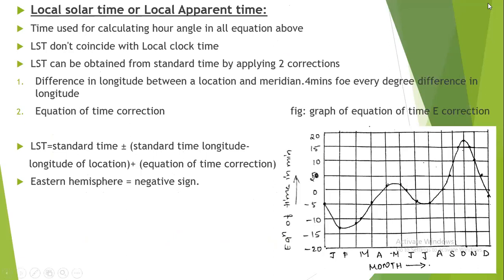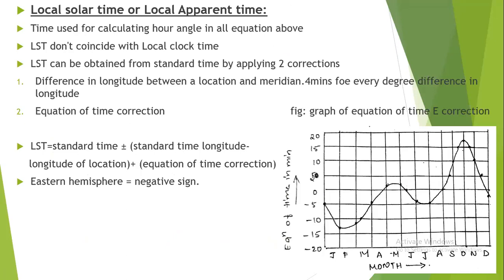Now, local solar time or local apparent time. This is the LST discussed before. This is the time used for calculating the hour angle. In the earlier equations we were calculating it in equation form, and this is the theoretical form.